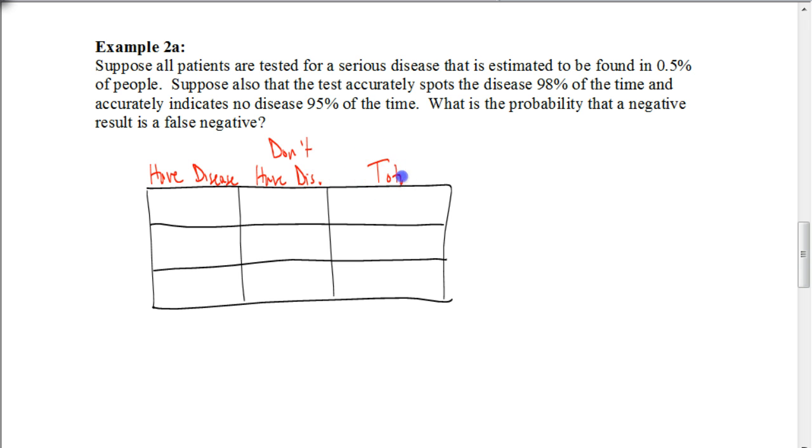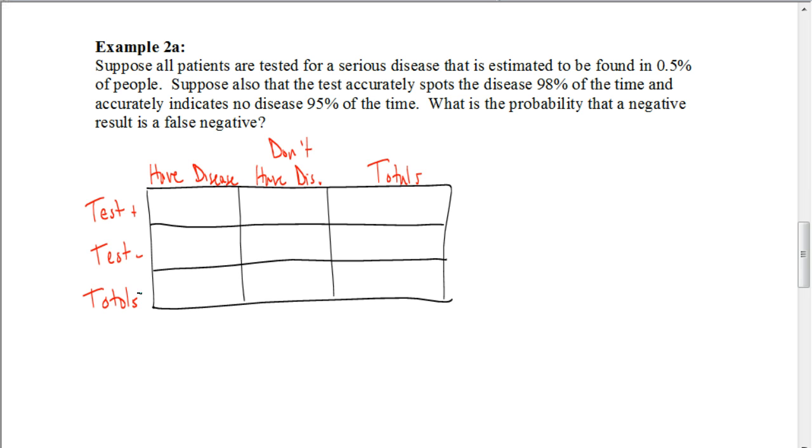And then we could have our totals. Then we could have a situation, because we want to figure out whether or not we have this disease, so we're going to get tested. And you could get tested positive, or you could get tested negative. And then we're going to have our totals.